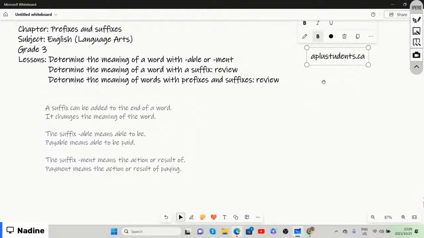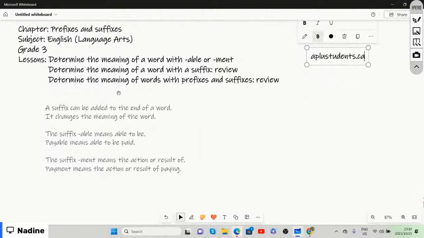On the screen, we have the chapters, subjects, grade, as well as the lessons that we are focusing on. And we see the suffix can be added to the end of a word, or specifically the end of a base word or root word, and it changes the meaning of the word.